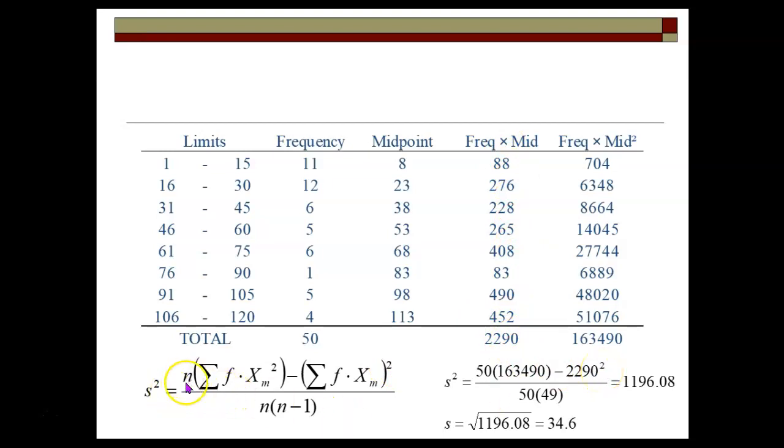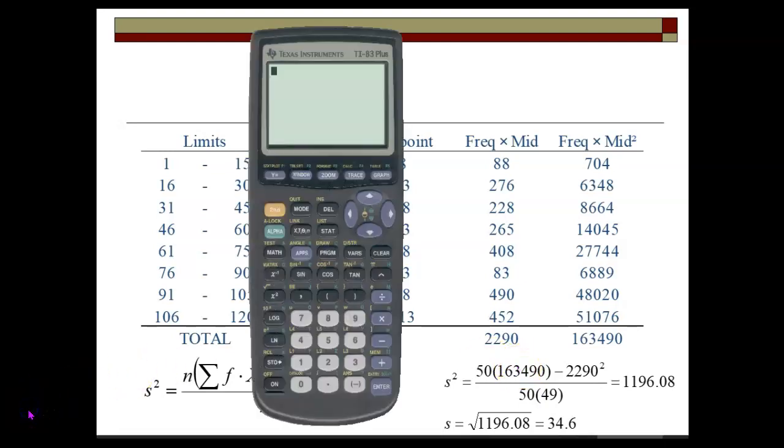So notice it's 50 times 163,490 minus 2,290 squared on top over 50 times 49 on the bottom. Now, when you actually put this into a calculator, you will need to put parentheses around the entire numerator and around the entire denominator, because it's this whole thing on top divided by this whole thing on the bottom.